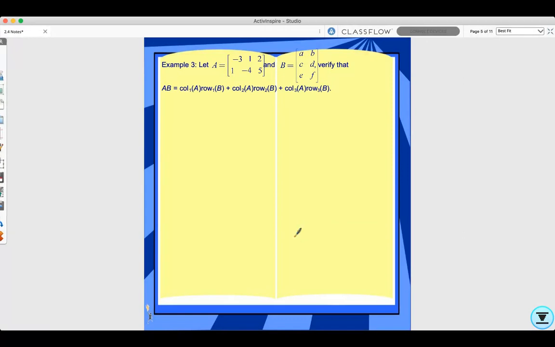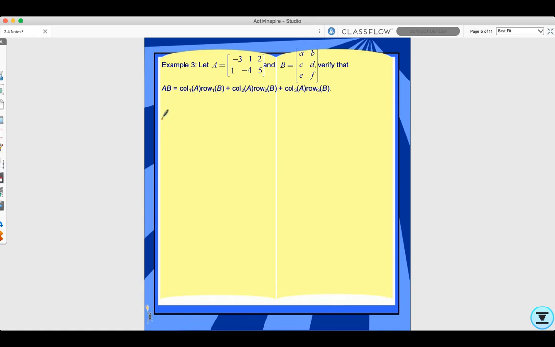Example 3, let A be negative 3, 1, 1, negative 4, 2, 5, and B be A, C, E, B, D, F. Verify that AB equals column 1 of A times row 1 of B, plus column 2 of A times row 2 of B, plus column 3 of A times row 3 of B. Okay, so we need to go through and verify all of this.